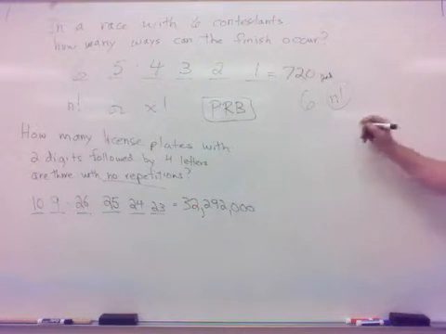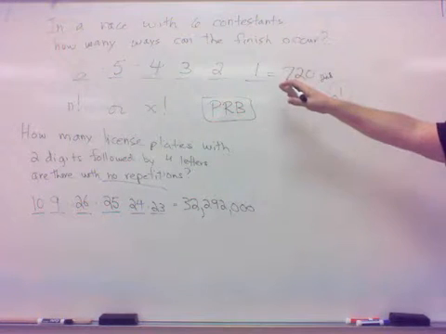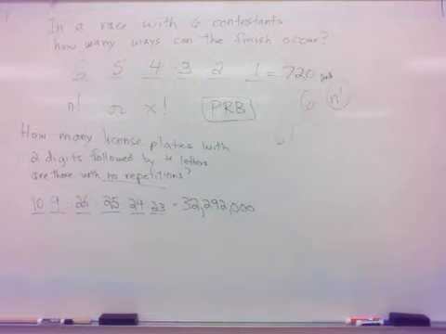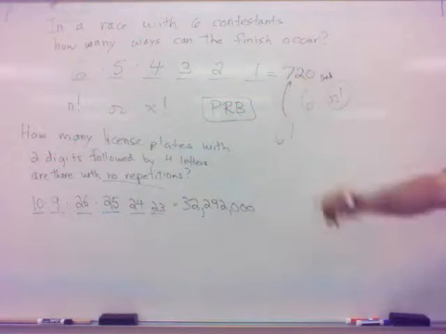All right. But once you get that all figured out, what do you get if you do 6 and then the little factorial? What you're calculating is 6 exclamation point. What do you get?